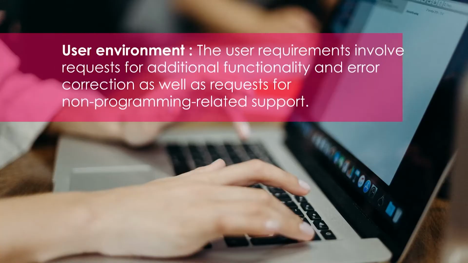So let us see the external influence factors. Under this, one external influence factor may be user environment. The user requirements involve requests for additional functionality and error correction, as well as requests for non-programming related support.